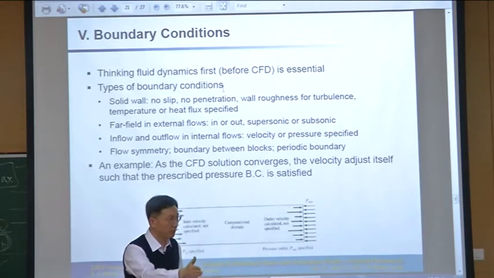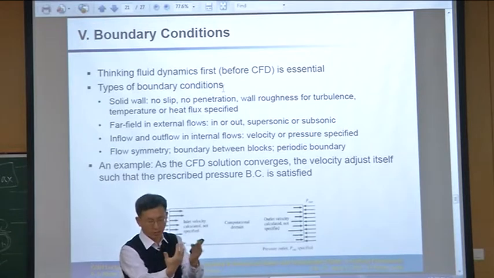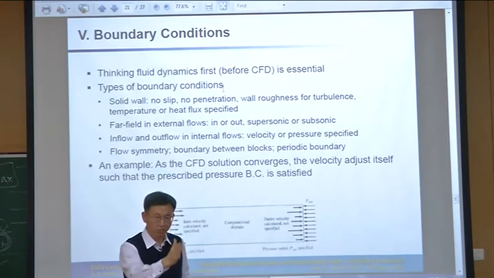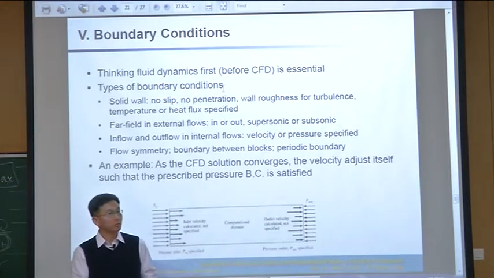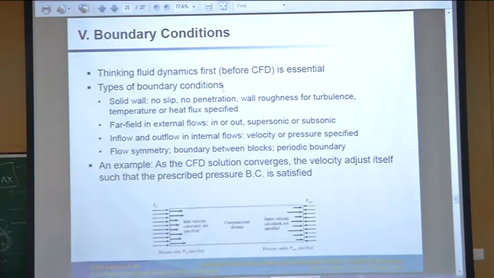You have to cut some air intake, the engine. Then in that coupling, gas must pass, but you have to put in some artificial boundary condition. That case is not easy. So from the engineering viewpoint, in many cases all the problems come from boundary conditions. So be prepared for many boundary conditions.